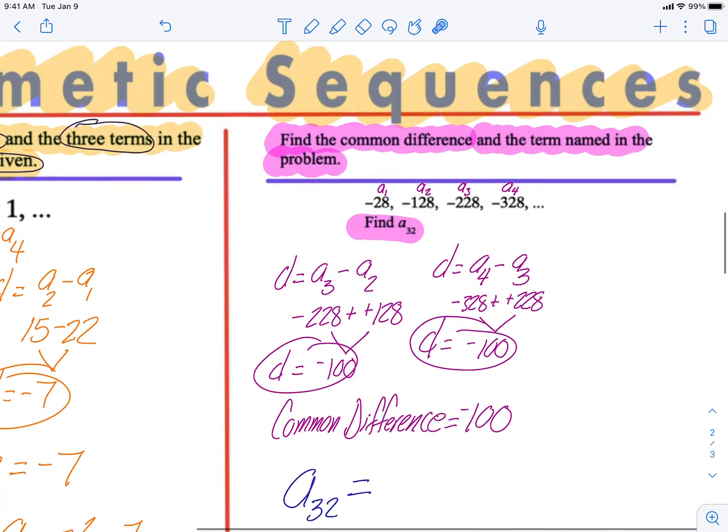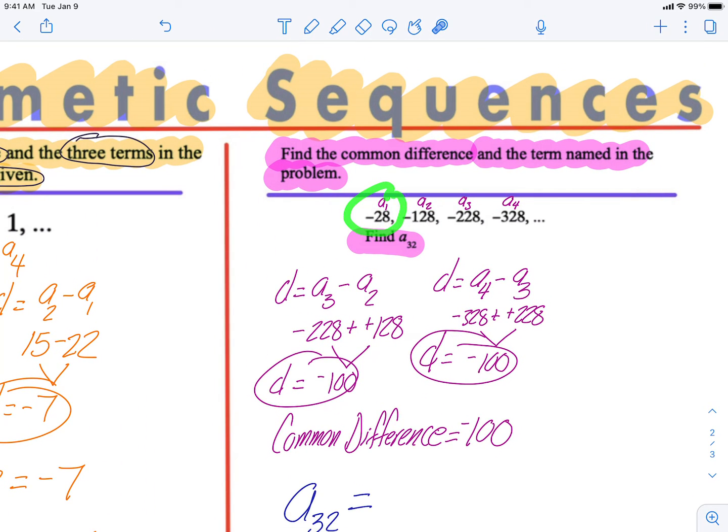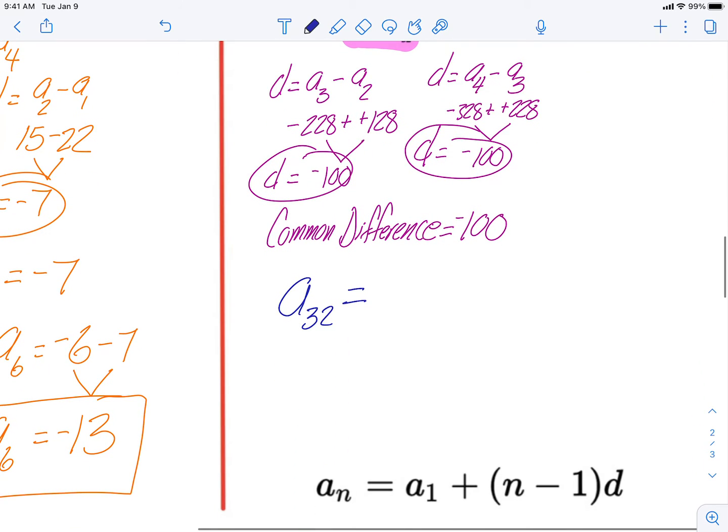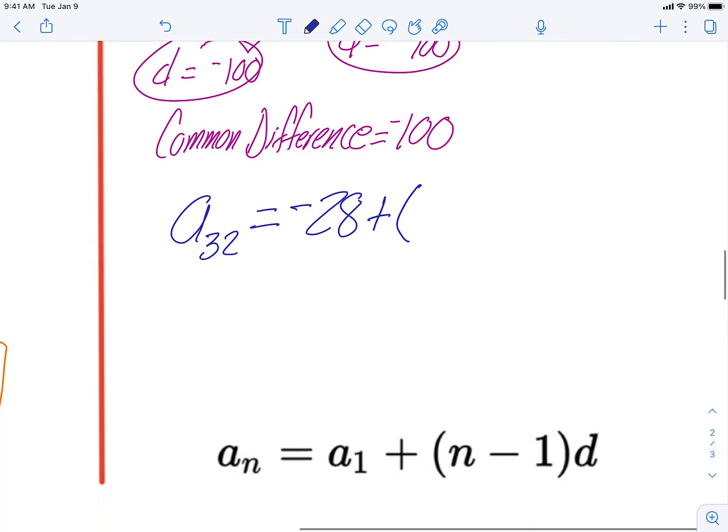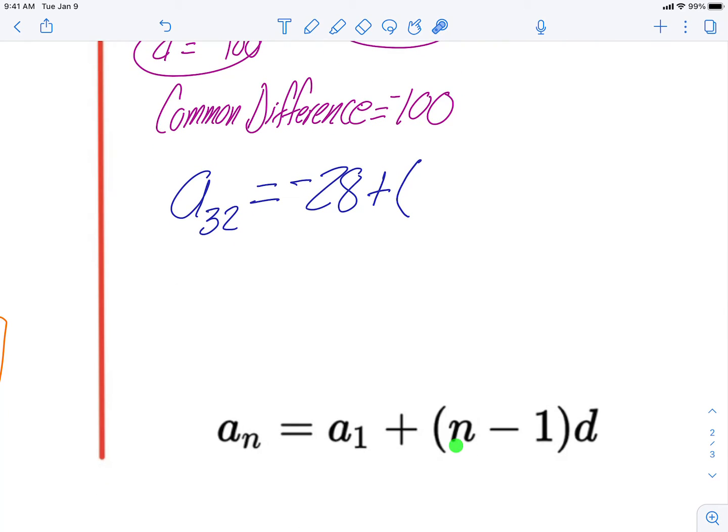What is a sub 1? Right there, negative 28. So let's say negative 28 plus parentheses n. Well, look, this n is this n. So here is 32. Minus 1, right? All I'm doing is copying, going from left to right.